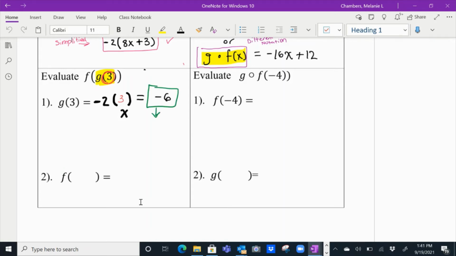Now this is our output of g of 3. And remember, the definition of composite functions is when we take the output of one and put it as the input of another. So our negative 6 is now going to be the input for our f equation.